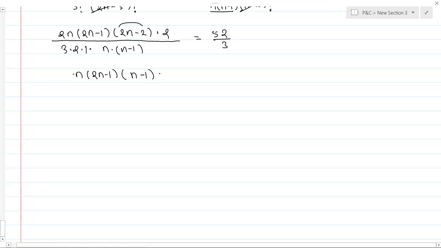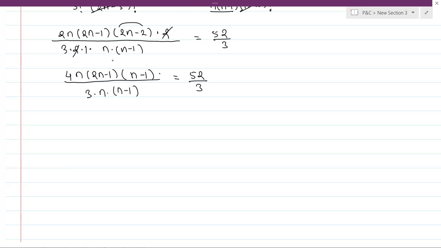Before that, we can cancel these two, so that this 2 and this 2 become 4 only, divided by 3 into n minus 1, which is equal to 52 by 3.